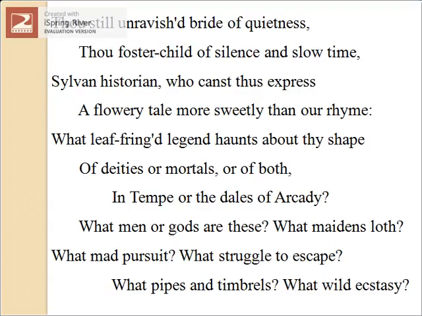Sylvan historian, who canst thus express a flowery tale more sweetly than our rhyme. And again, in the third line, the poet is using a metaphor, calling the urn a sylvan historian, meaning a natural historian. It seems that the stories, carvings and pictures on the surface layer of the Grecian urn were painted in their entirety by some natural historian with a paintbrush.